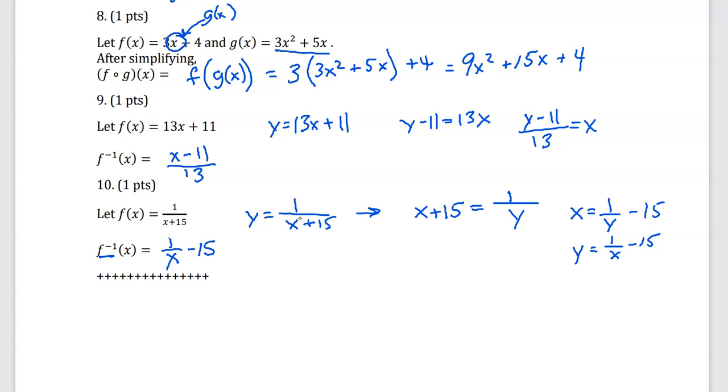If the number happened to be calculated like this, well, 1 over that will become x plus 15. Subtracting 15 from that gets me back that number. So therefore, if I feed this into this, I'll get my x back. Thus, inverse. And that concludes a little practice with function combination.